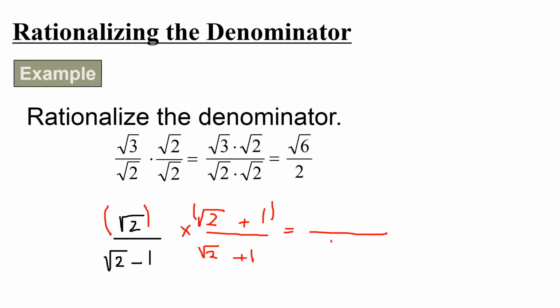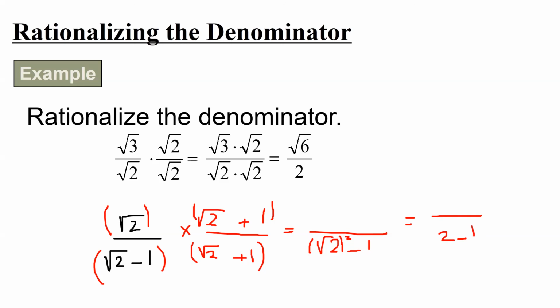The denominator will become 2 minus 1, because if you still remember, this is an algebraic expression: radical 2 minus 1 times radical 2 plus 1 is a minus b times a plus b, which is a squared minus b squared, which means it's 2 minus 1.